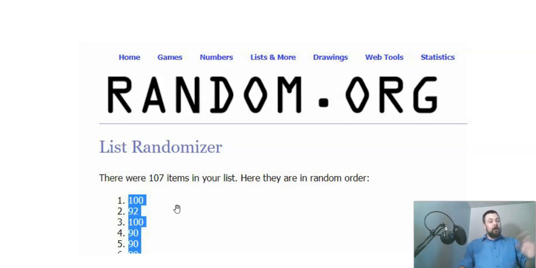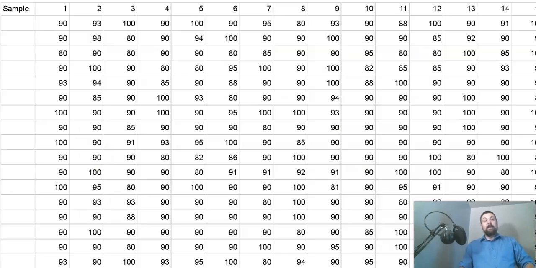Right, so I took 107 data values, randomized the order, took the top 30 numbers in the randomized list as my sample. I did that multiple times. I think I did it 15 times. It's a little bit off the chart there, but there's 14. I have one more on my screen that you may not be able to see. So I did this 15 times.